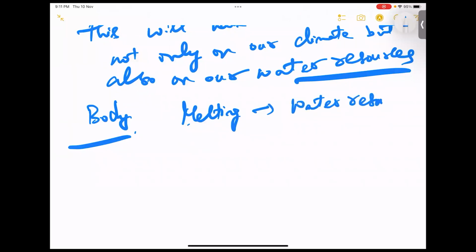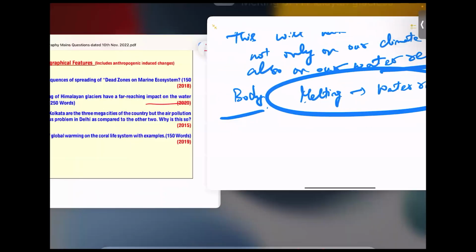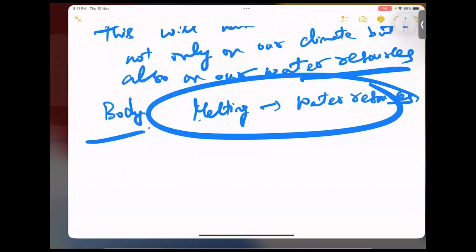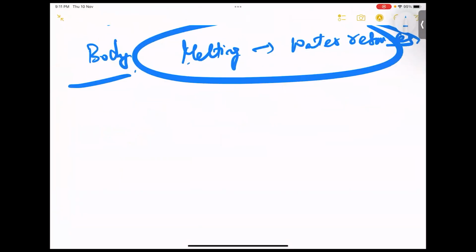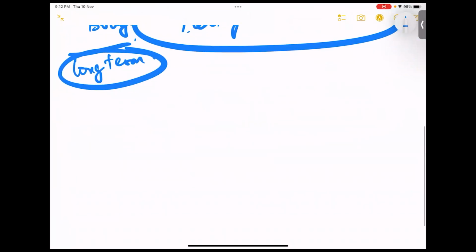Basically you must understand that temporarily there may be some advantage with the melting of glaciers, but in the long term, we are going to face a very big issue. So the first thing is river flows.